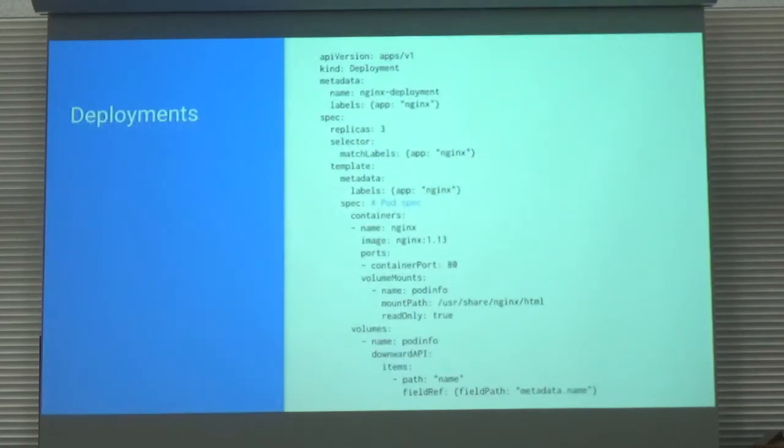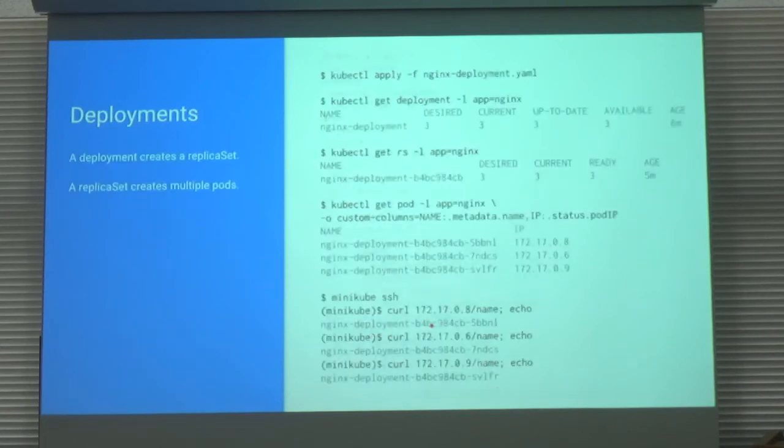For example, this is an example deployment. A deployment contains a pod template. Here is a pod template, and with this deployment file, we can see one deployment, one replica set and 3 pods.